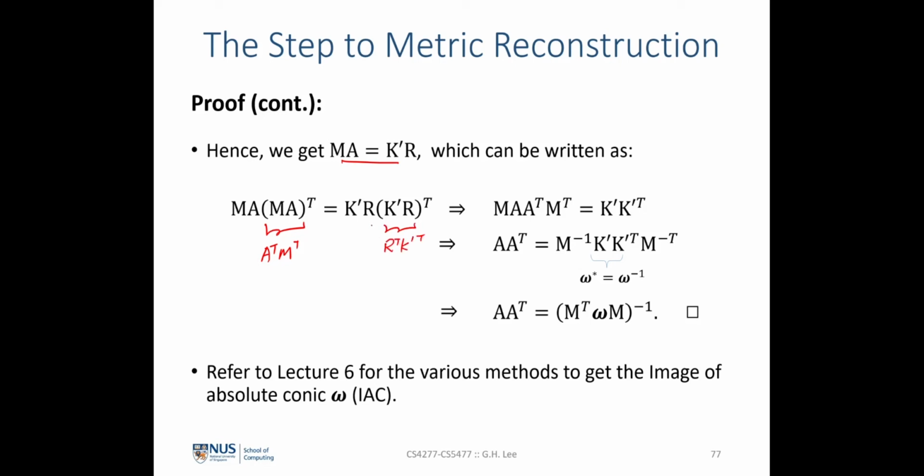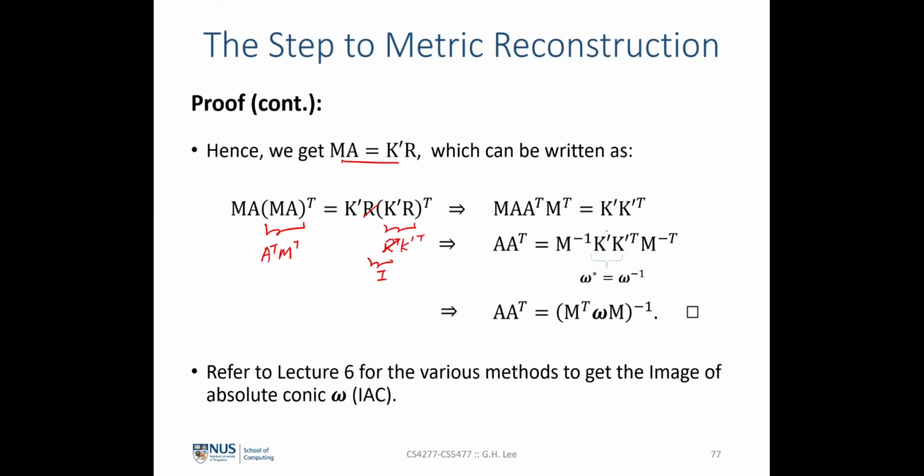Since R is an orthogonal matrix, R multiplied by its transpose gives us identity, which means that R can be cancelled out. This gives us the relation M A A transpose M transpose equals K prime K prime transpose, where we can simply move M to the right side of the equation to give us this relation.